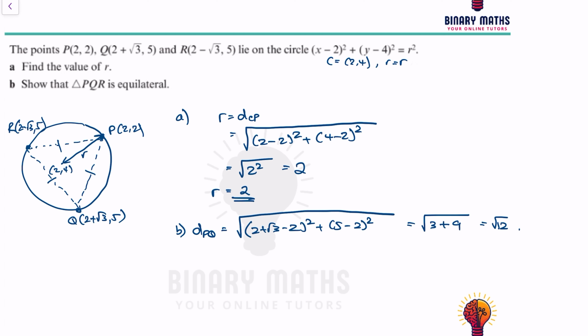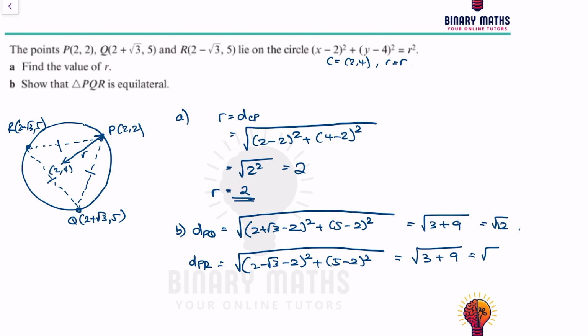Okay, let's work out the distance between P to R now. Same thing, change in x squared, so (2 minus root 3 minus 2) squared, plus change in y squared, (5 minus 2) squared, which gives me negative root 3 squared, which is 3, plus 9, which is root 12.